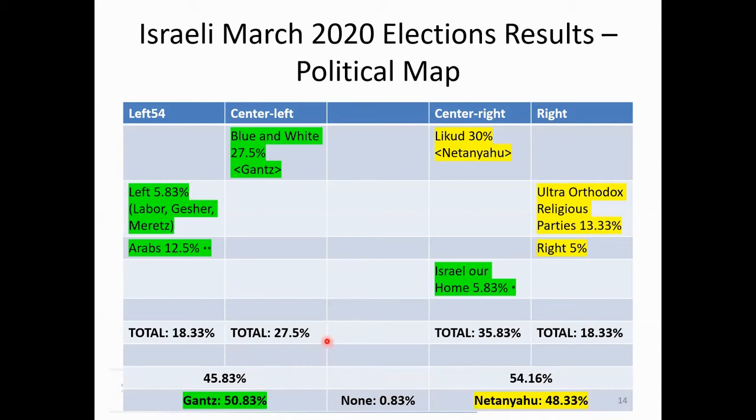By the way, that's not a lot different than in the past. The only difference is that in the past there were more people in the none category. So even though Netanyahu or Gantz before had a similar share, they never had 50%. This is the first time that Gantz gets over 50% of people recommending him to be the prime minister.